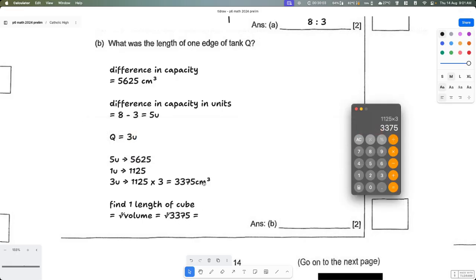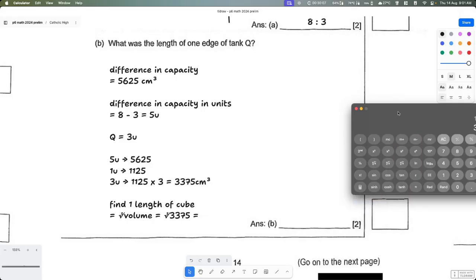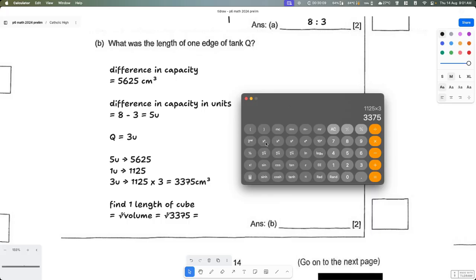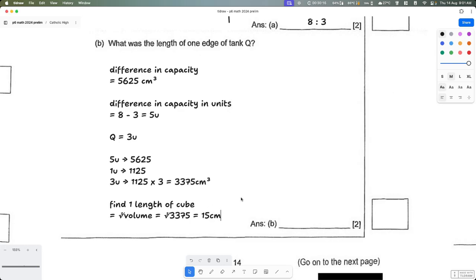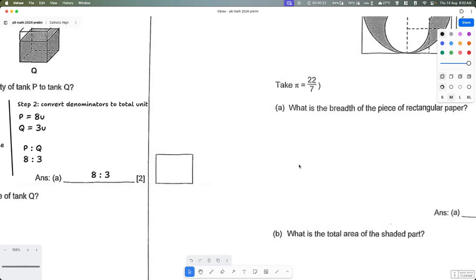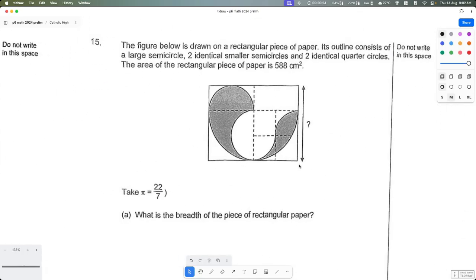So we're going to use the calculator. I need to use the scientific one. We press cube root over here, 3375, and this will give us 15 centimeter. So the answer to this is 15 centimeter. Okay, that's it. Let's move on to question number 15.